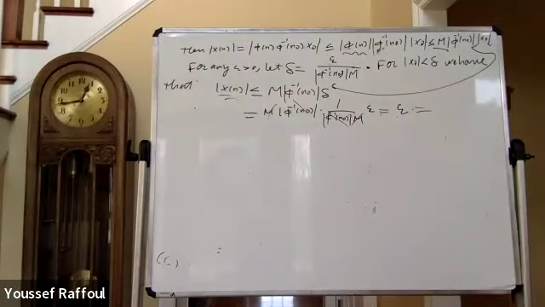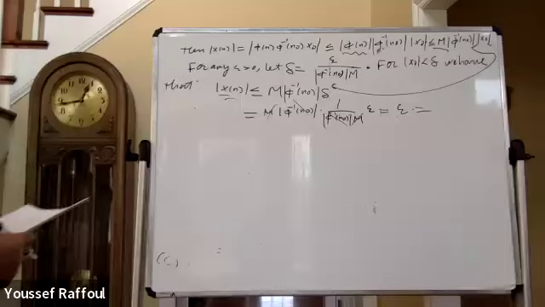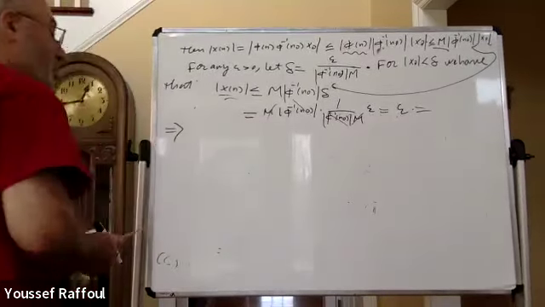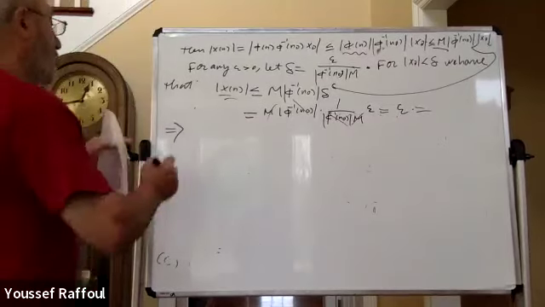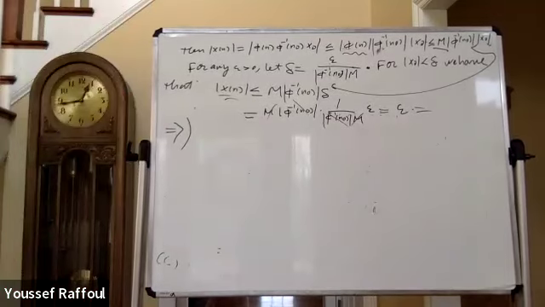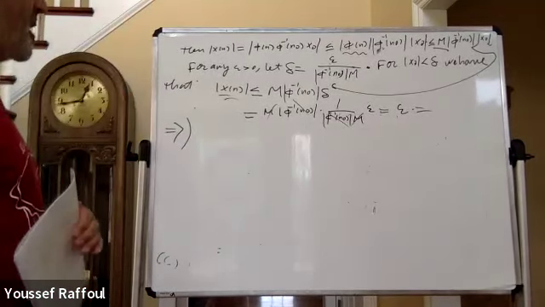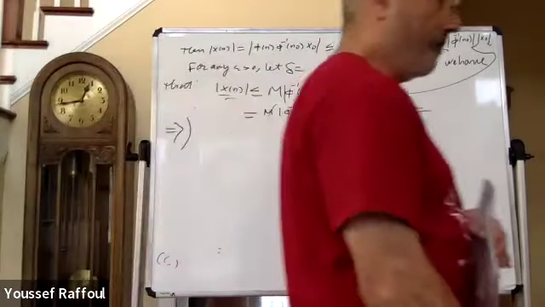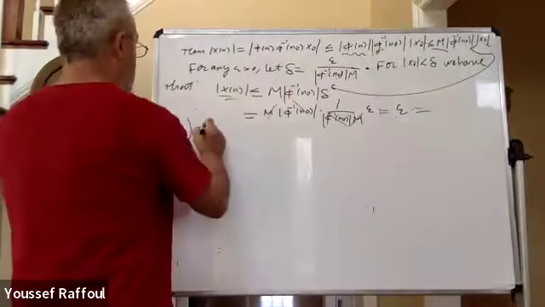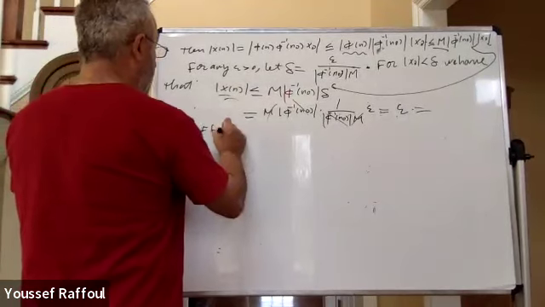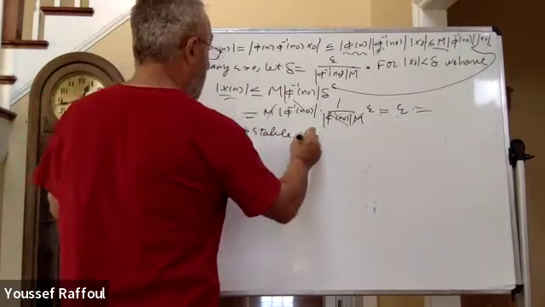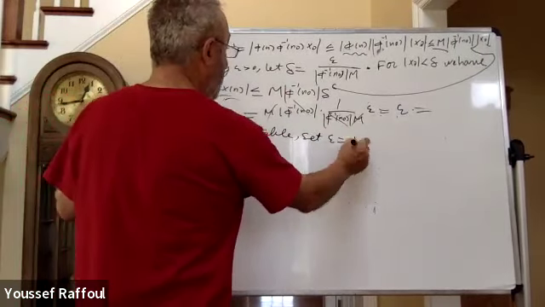See what happened? Now for this way, we need to show now, so we need to show if x_n is stable, then phi_n is less or equal to m. So if x_n is stable, set epsilon equal 1.